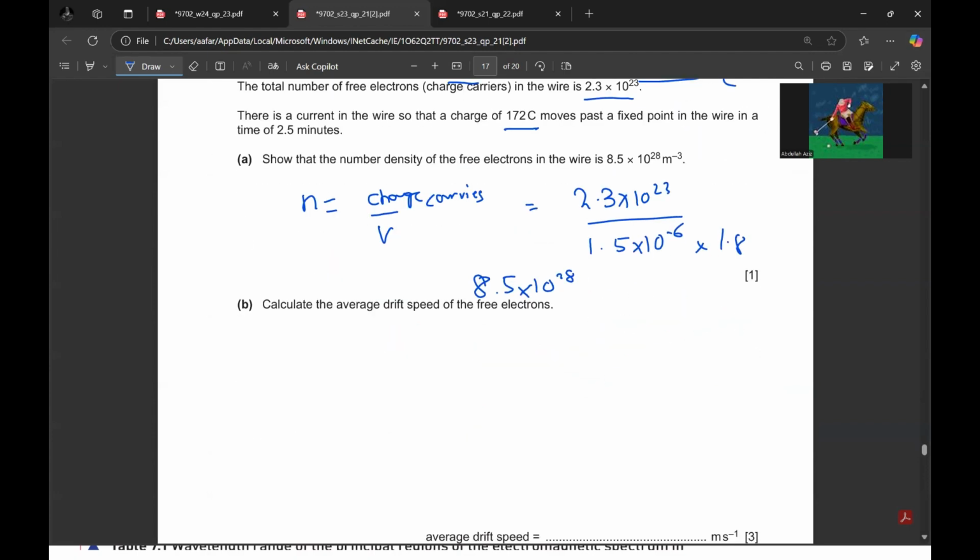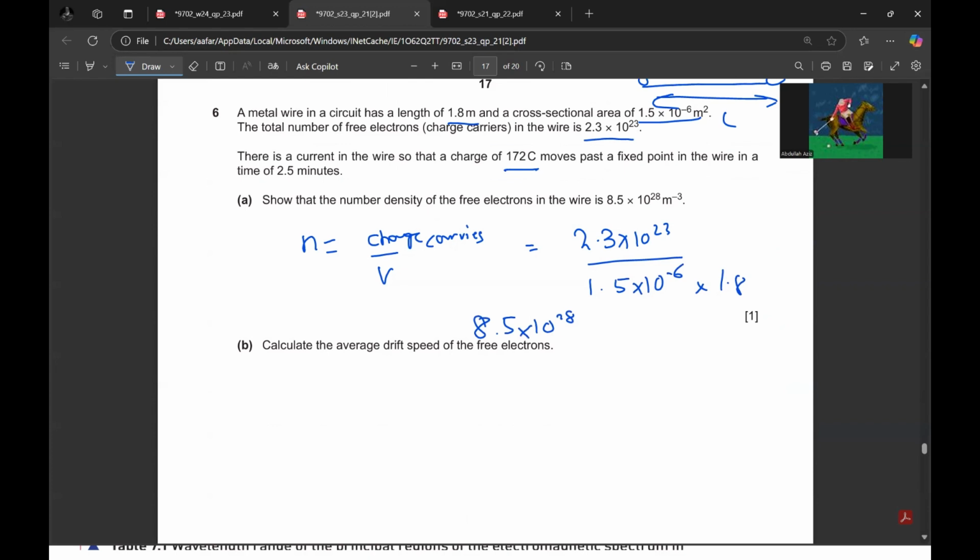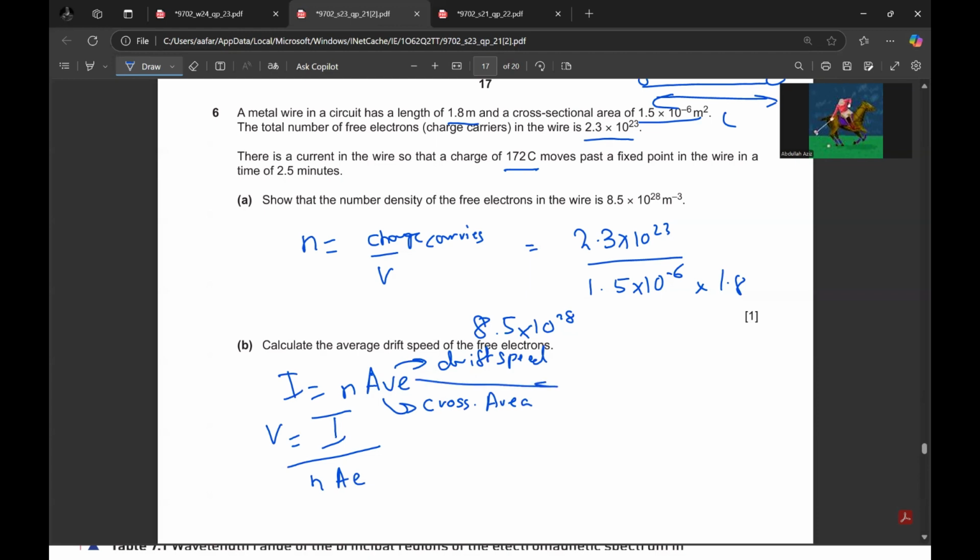Calculate the average drift speed of the electrons. I is equal to nAve, where v is the drift speed. So drift speed is basically current over nAe, where A is the cross-sectional area, and e is the elementary charge, which is given in the paper.